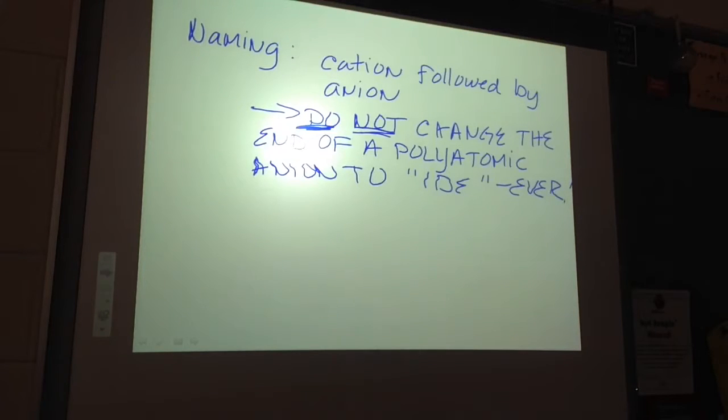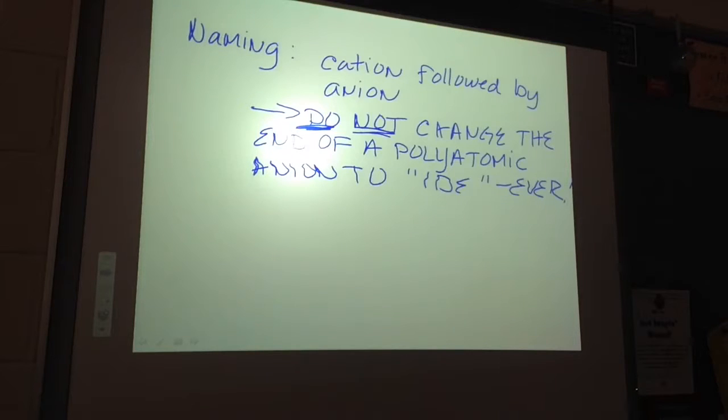Prior to today's class, if you were doing chemistry and nitrogen was the anion, what would you call it in the compound? You'd call it nitride, which means it is nitrogen, the element.